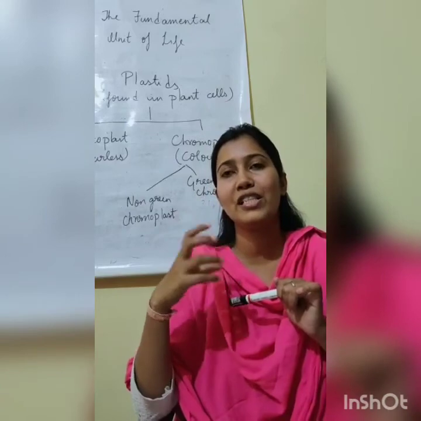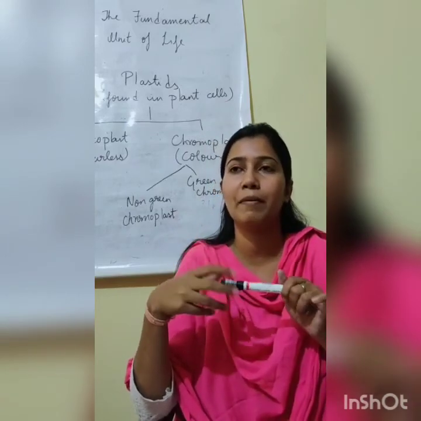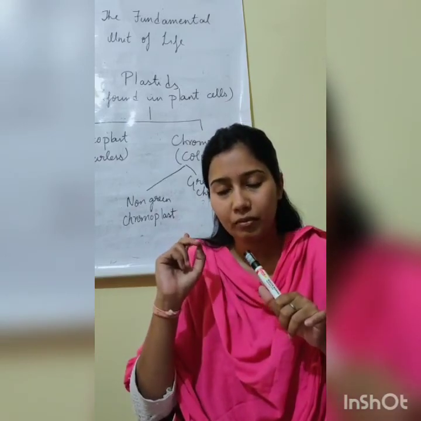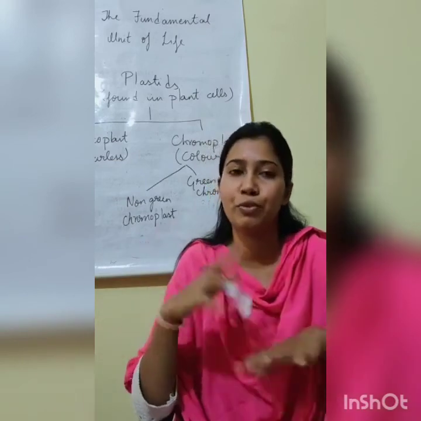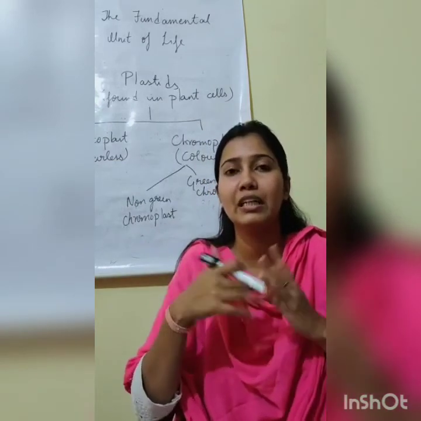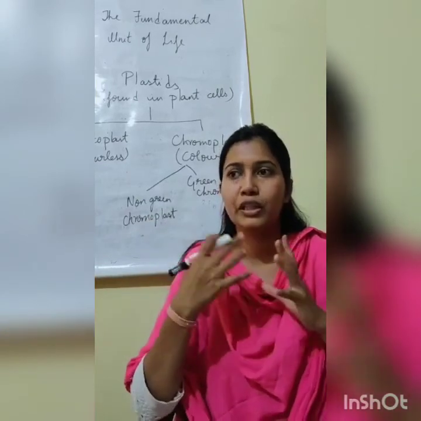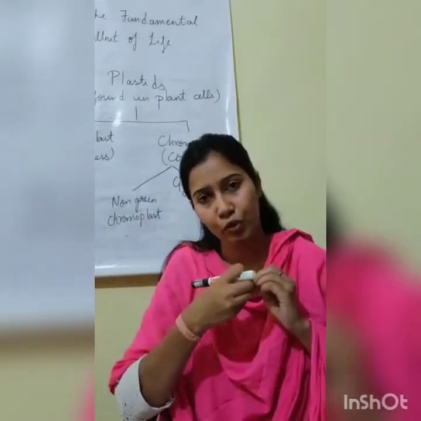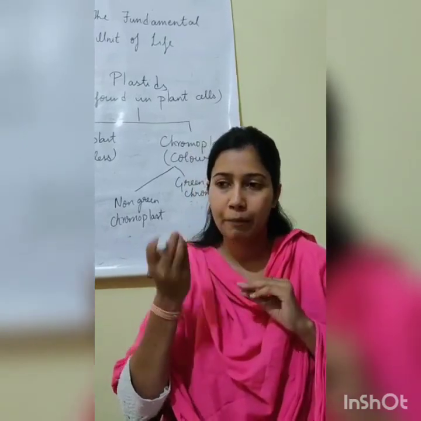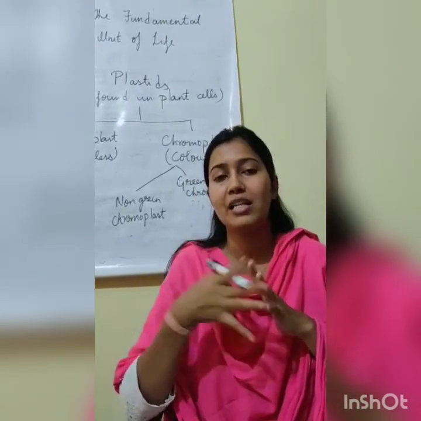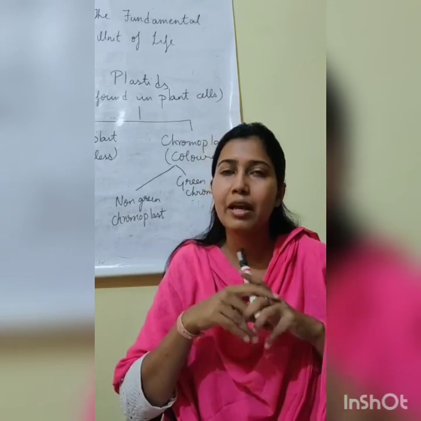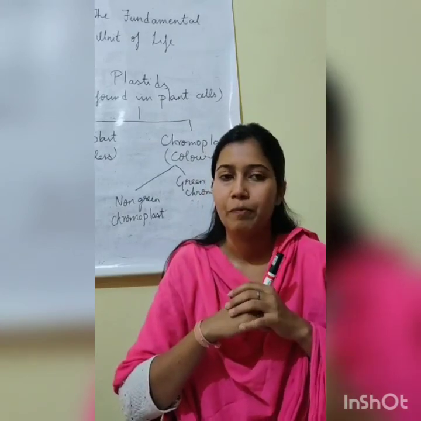But in animal cells, because they are smaller, the vacuoles are distributed in the cytoplasm. Now these vacuoles store excess amounts of water, proteins, fats, minerals and many other substances.